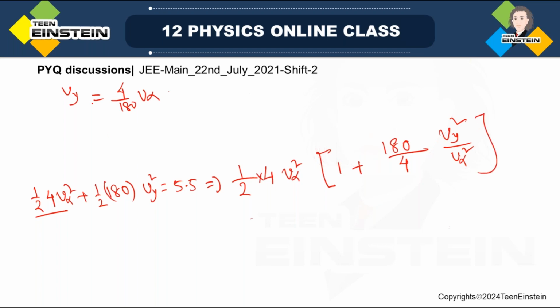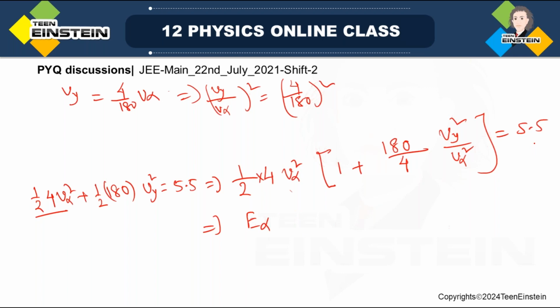So vy square by v alpha square means what? From here, vy by v alpha whole square, that is 4 by 180 whole square, right? I'll put it here. So this is nothing but the kinetic energy of alpha particle. This I'm keeping here, and right hand side there will be 5.5 MeV.